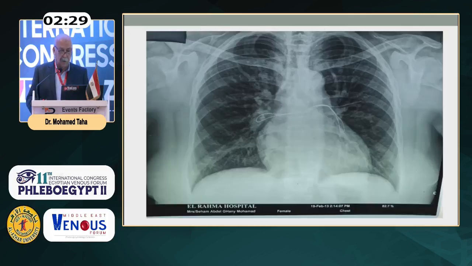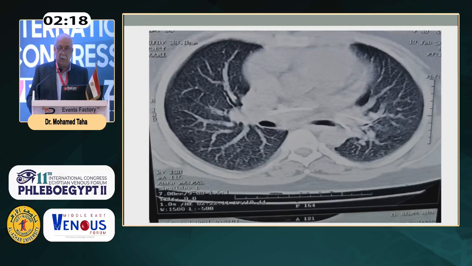What happened? This is a plain X-ray chest PA view. This is a linear foreign body seen in the center of the chest. CT scan, this was the pulmonary window. We see the ground glass opacity or the dense white lines.